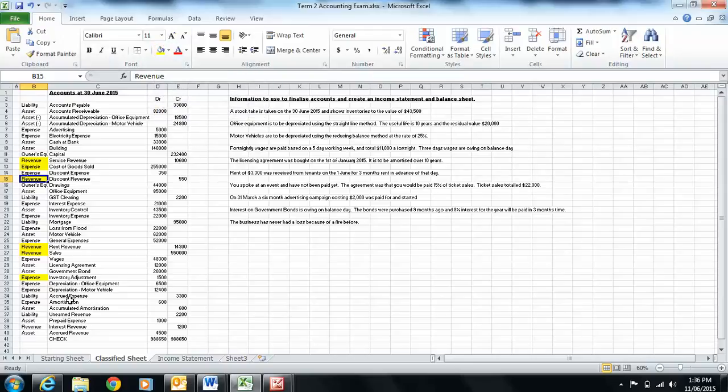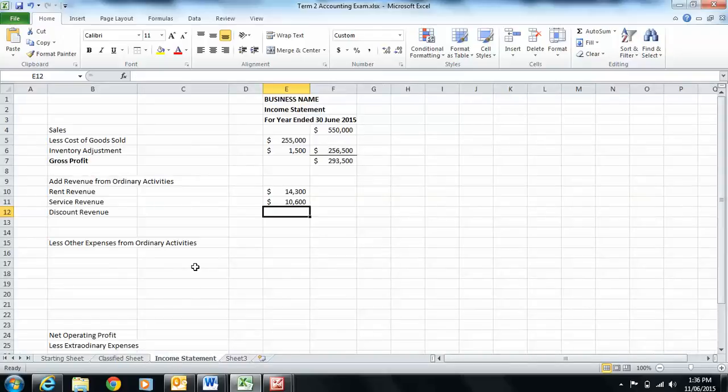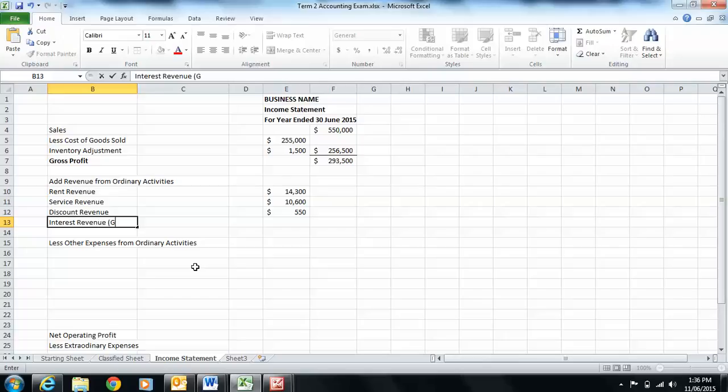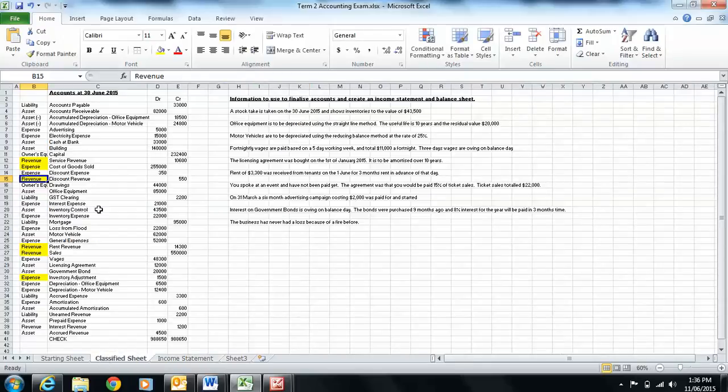And some interest revenue from the government bonds, and that is $1,200 there.